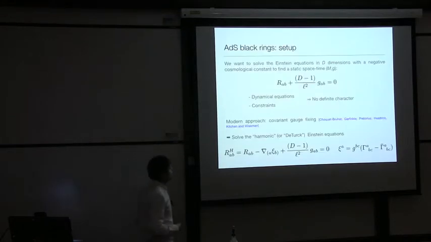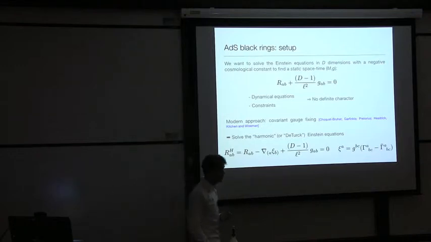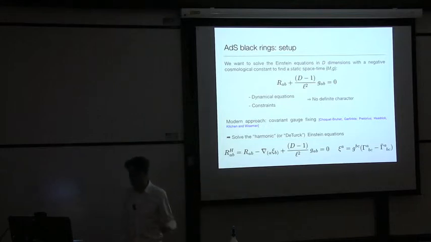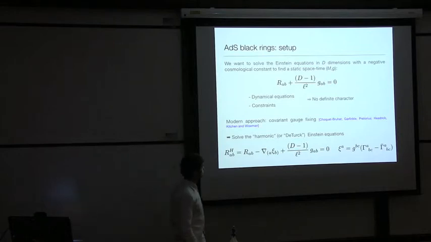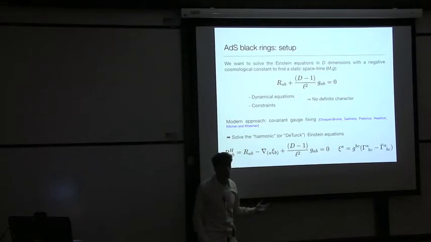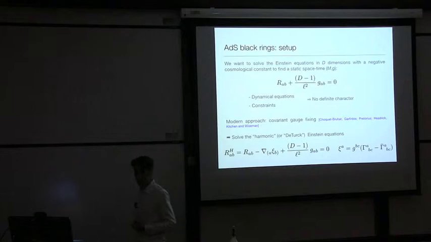So we want to solve the Einstein equations in the presence of a cosmological constant, but for what I will say, the fact that there is a cosmological constant doesn't really matter much. If you choose your favorite metric ansatz and plug it into the Einstein equations, you find that they naturally split into dynamical equations and constraints. These have different characters, so you cannot easily solve them altogether.